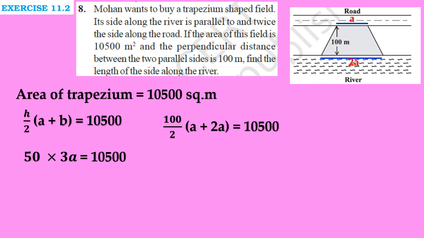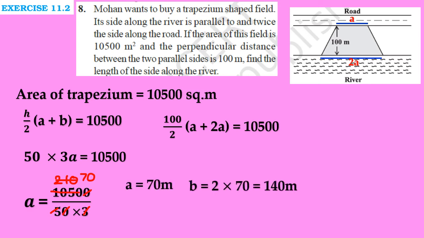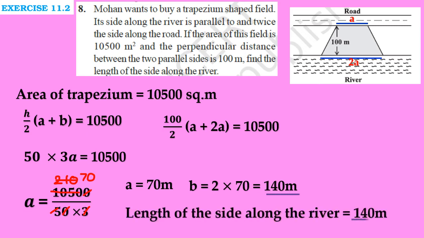So what will be A? 50 and 3 will go to the other side. I didn't multiply 50 into 3 equal to 150 because again I need to simplify now. Always cut and do. So we got A as 70. Now what will be B? B is double of it. So the length of the side along the river is 140 meter.